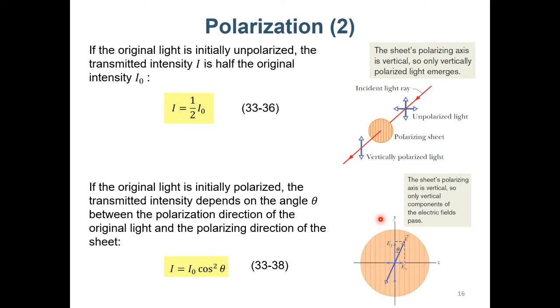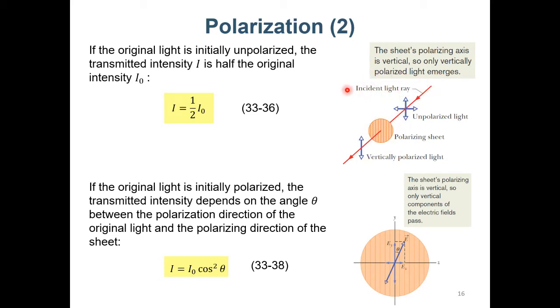So if we have something like a polarizing sheet or a polarizing filter, we can make the unpolarized light polarized. Maybe this polarizing sheet is directed vertically, so that only the vertically polarized light can pass through this filter.